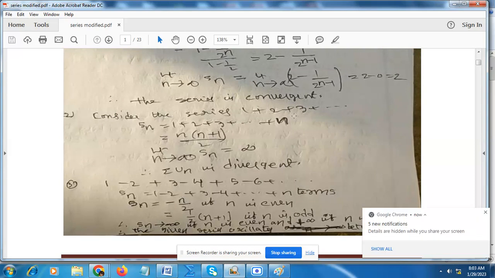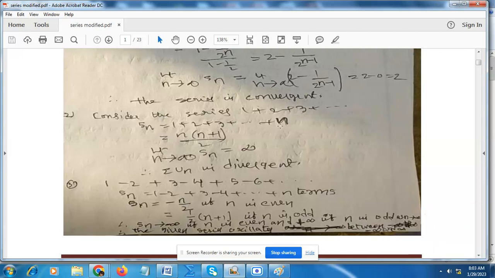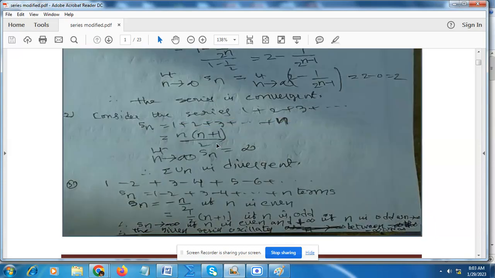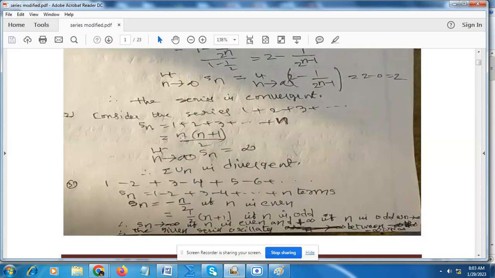Now, consider another series 1 plus 2 plus 3 plus so on. Consider the nth partial sum 1 plus 2 plus so on plus n. Now find the sum of the nth partial sum. That is, the sum of n natural numbers is n into n plus 1 by 2.